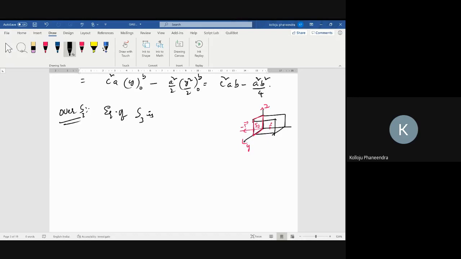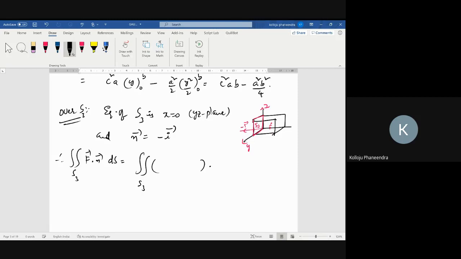YZ plane means x equal to 0. In brackets, you write YZ plane. And what is n bar? The drawn vector is minus i bar. Therefore, the double integral over S3 of f bar dot n bar dS is equal to the double integral over S3 of f bar dot n bar, minus i bar, and in the YZ plane, dy dz by n bar dot i bar, according to the formula.